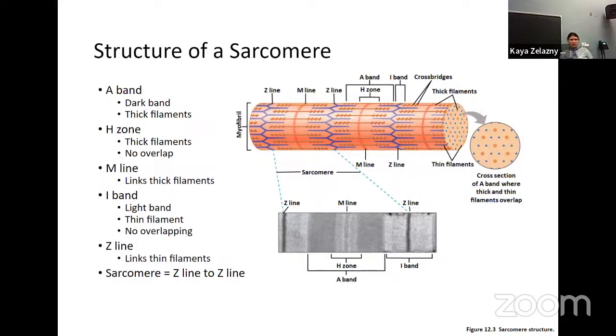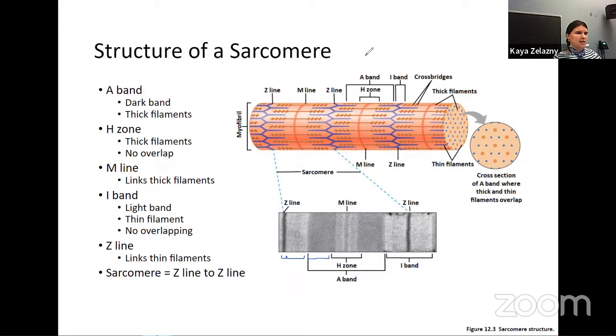So our sarcomere under a microscope would have a structure that looks like a bunch of bands, right? We're going to see a bunch of lines of different amounts of grayness, essentially. These are the various bands and zones that we would see under a slide if we're looking at a sarcomere.